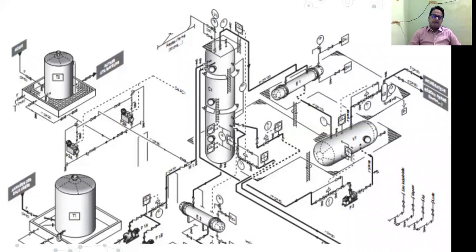Now in this slide you can see the layout of an industrial plant, most probably a chemical plant. This is a layout showing where different components or machineries will be located, how they are connected, and how the pipelines are going to be connected to different components.